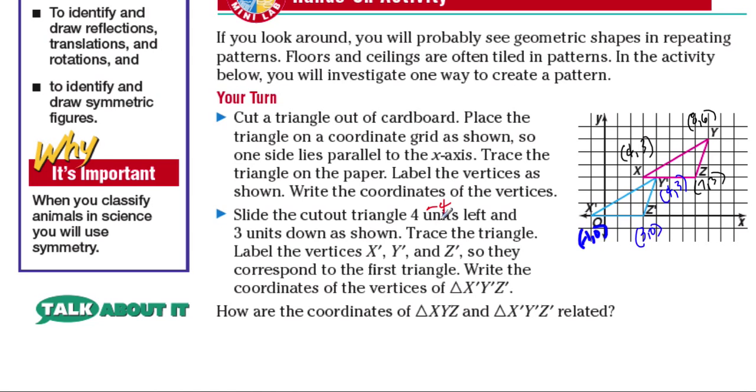And 3 units down represents negative 3, because going up means positive and going down means negative. In the same way, going to the right means positive, going to the left means negative.